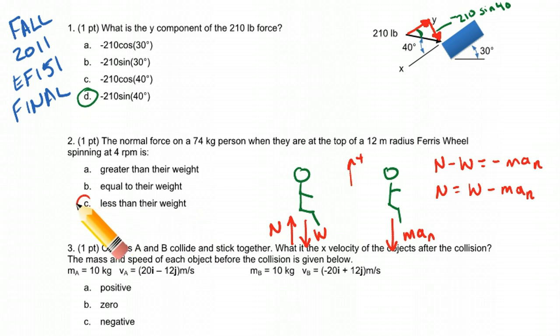Another way of thinking about this, if you can imagine the Ferris wheel going really fast, you would tend to be thrown off the Ferris wheel here, and so that means your normal force on your seat is getting less and less as the Ferris wheel gets faster.